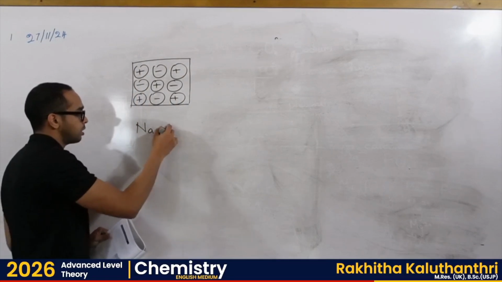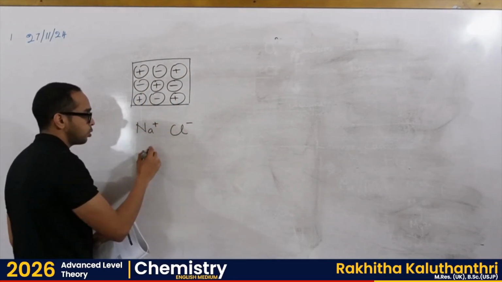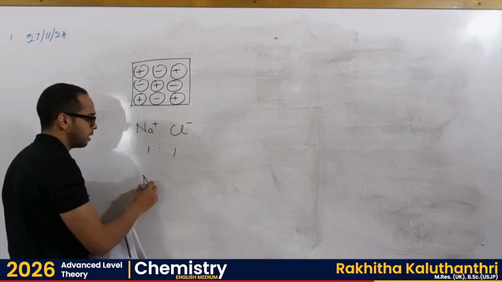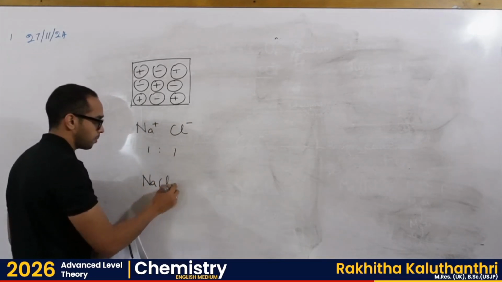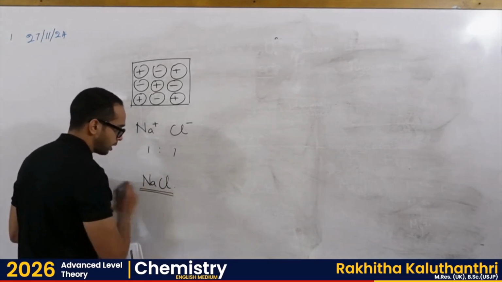Since it is neutral, the sodium ion to chloride ion ratio should be 1 to 1. So our formula should be written like this. That's how we get to the formula when it comes to an ionic compound.